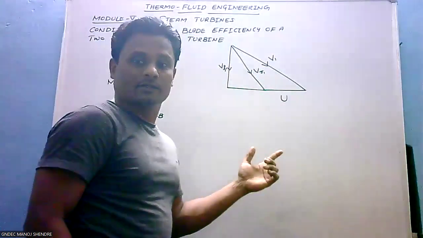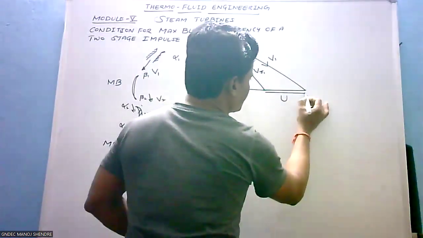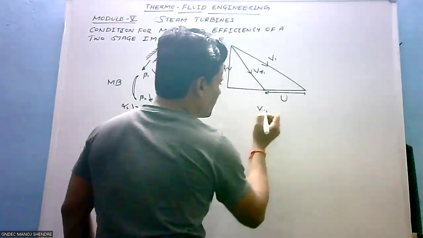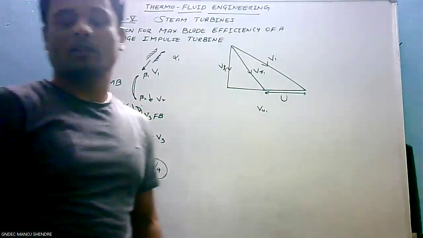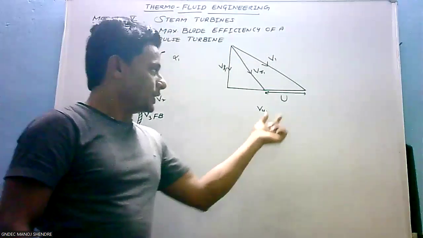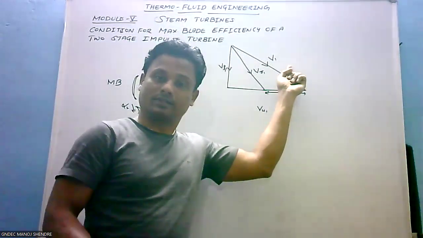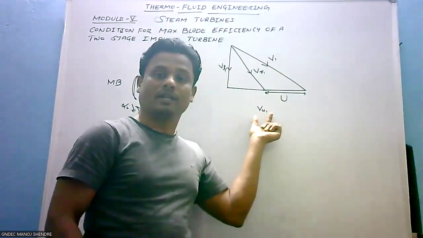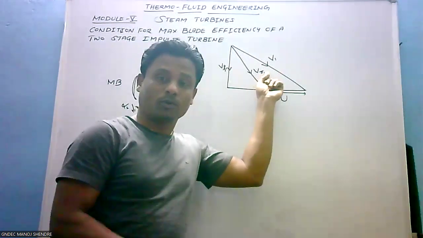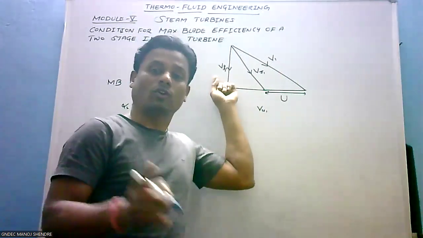Now let us take the angles. While taking the angles, you should be very careful. This is the base U, and this complete base is dedicated for VU1. VU1 stands for the tangential velocity component. U is the tangential velocity of the blade, V1 is the absolute velocity of the steam, VU1 is the tangential velocity component, VR1 is the relative velocity component, and VF1 is the flow velocity or axial velocity component.